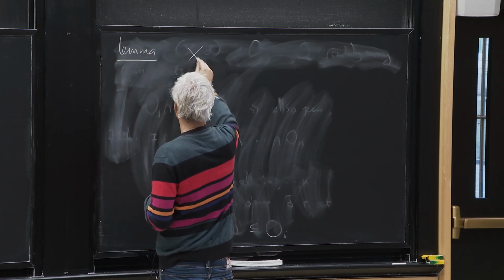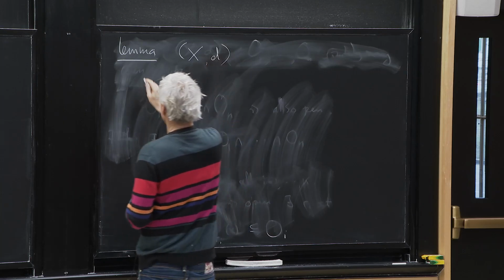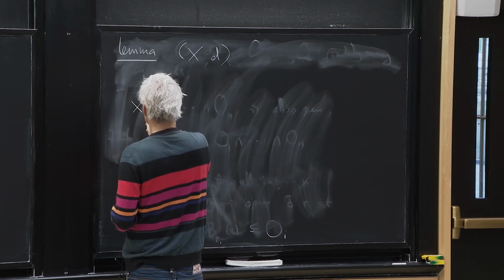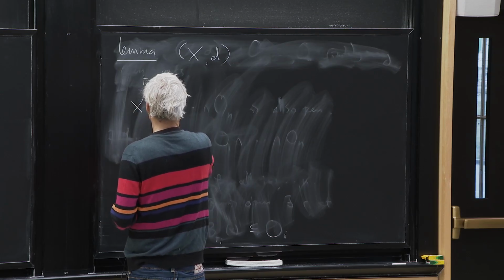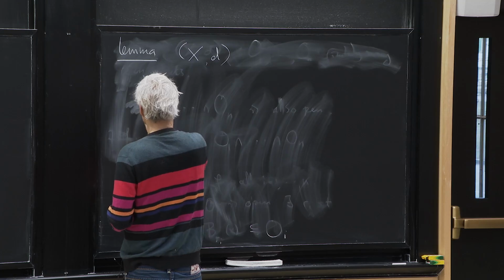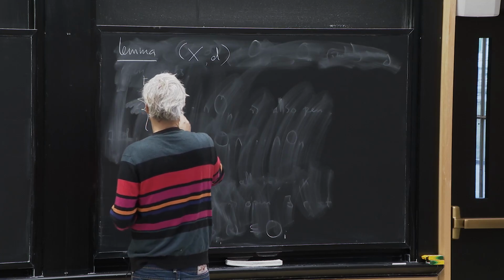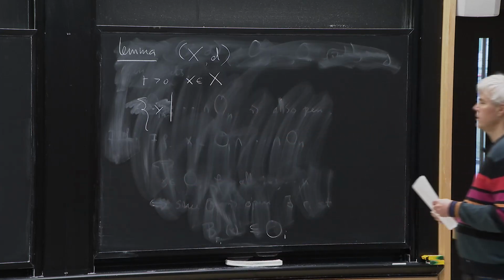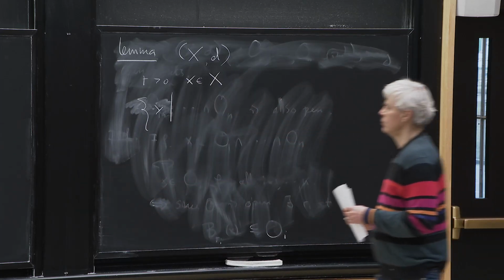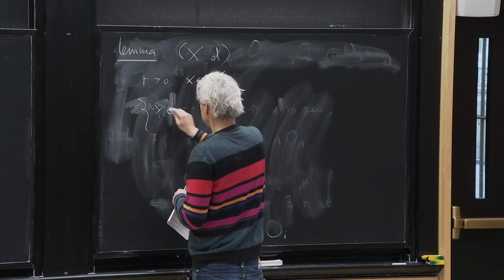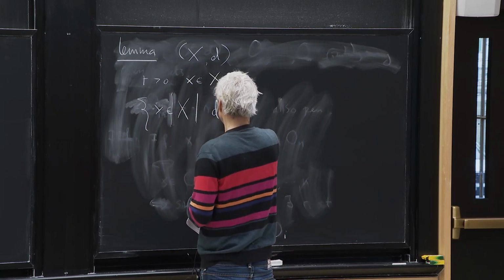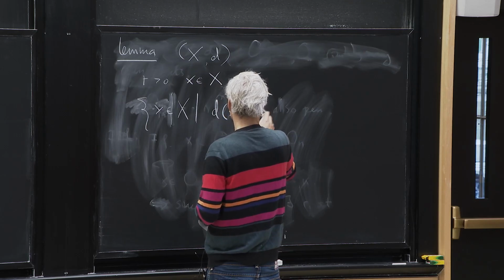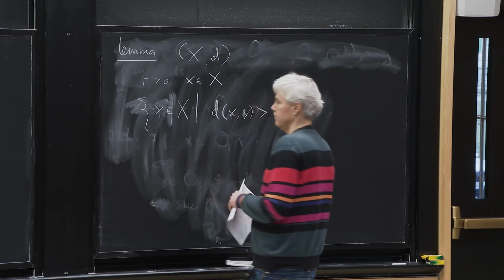Suppose you have a metric space X, and R is bigger than 0. Let x be some fixed point in this metric space, and look at the set of y in X so that the distance from y to x is strictly bigger than R.